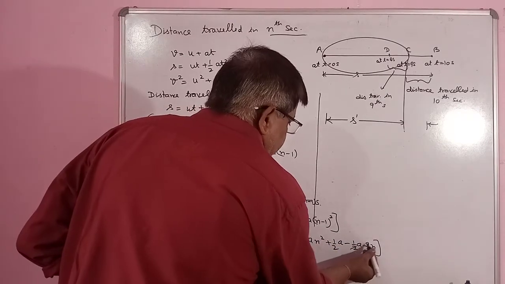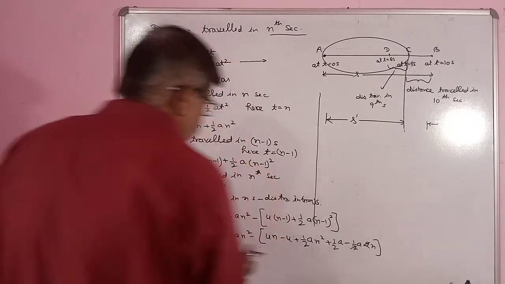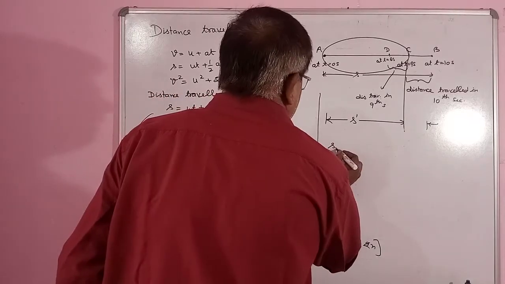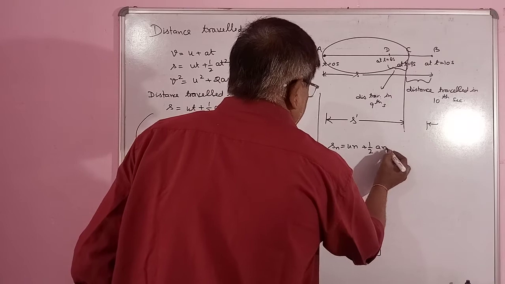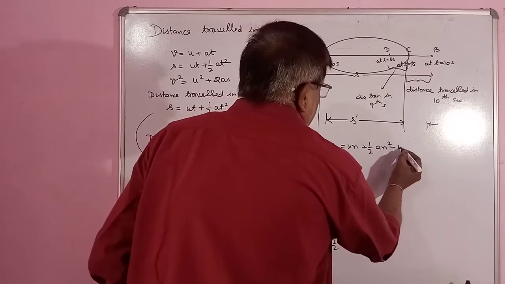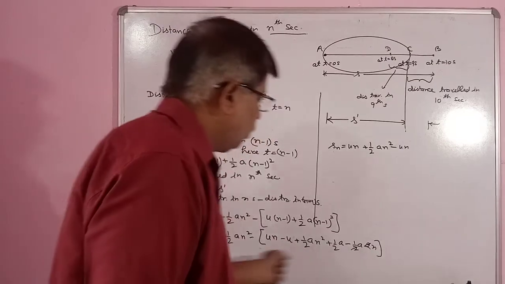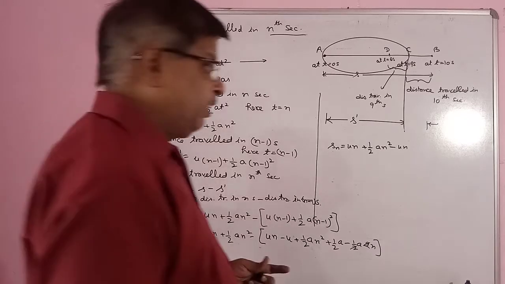We can cancel out this. So on opening this, Sn equal to un plus half a n square minus un. When we multiply this minus sign to the whole braces, the sign will be changed.